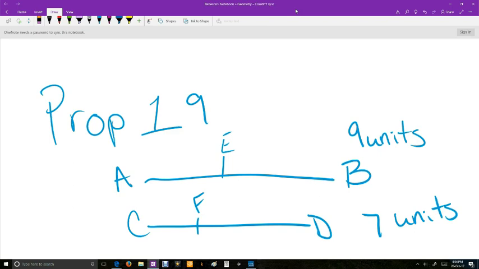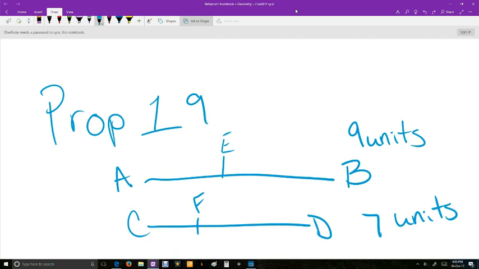Once we get into Book 6, we're talking about similar figures, figures whose angles are the same, but the lines aren't necessarily. So we start to talk about things like, okay, that's an isosceles triangle. All equilateral triangles are similar because all equilateral triangles have 60-degree angles.